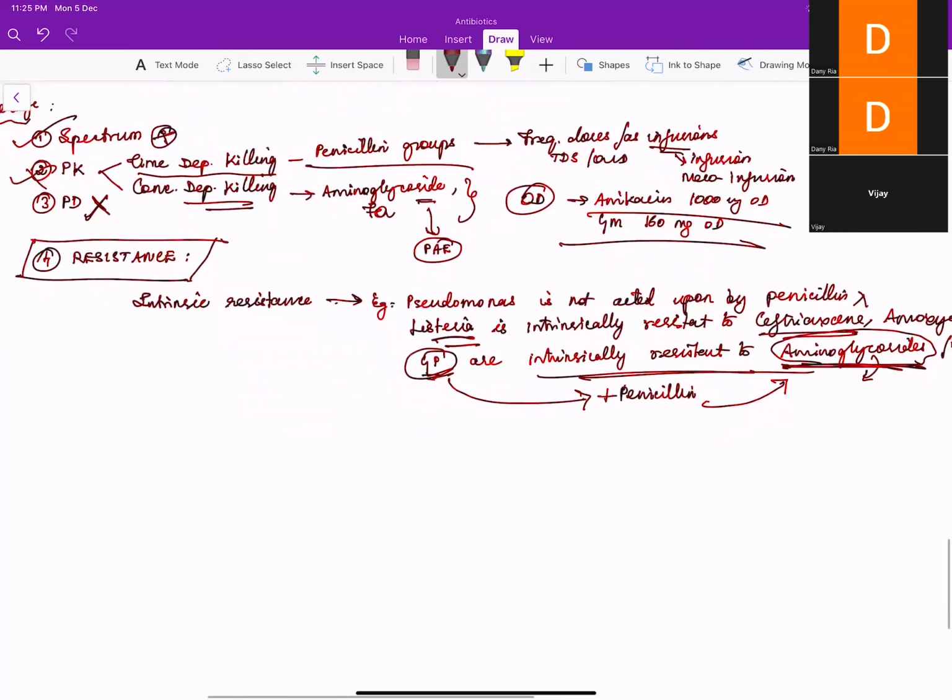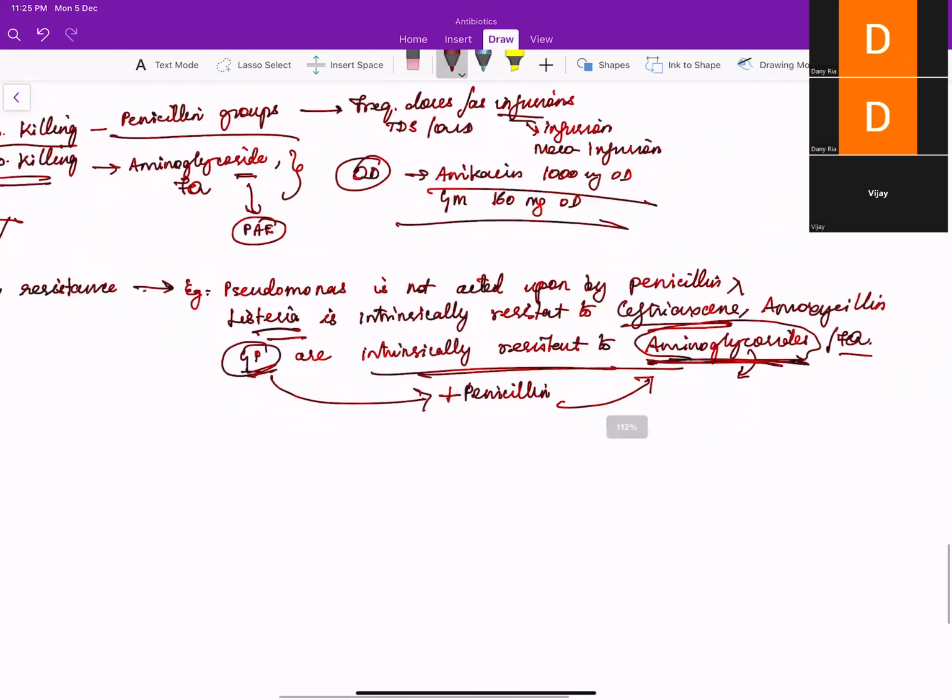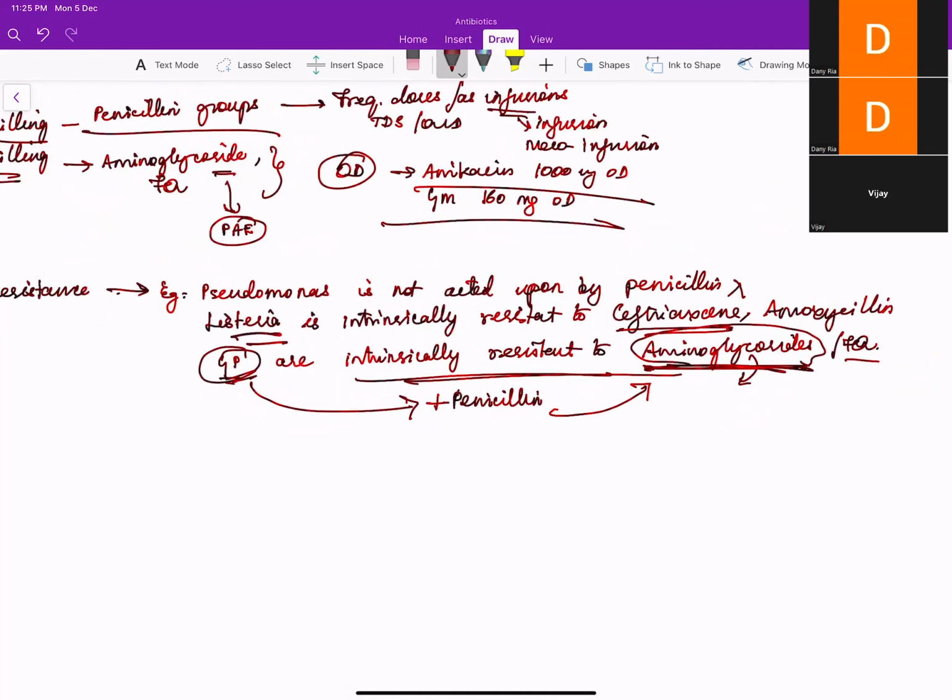So aminoglycosides have to be combined with penicillin. In infective endocarditis, the common organisms are Streptococcus viridans and Staphylococcus epidermidis, right? It's a gram positive organism. Since it is a very dangerous infection, it is better if we give two antibiotics.